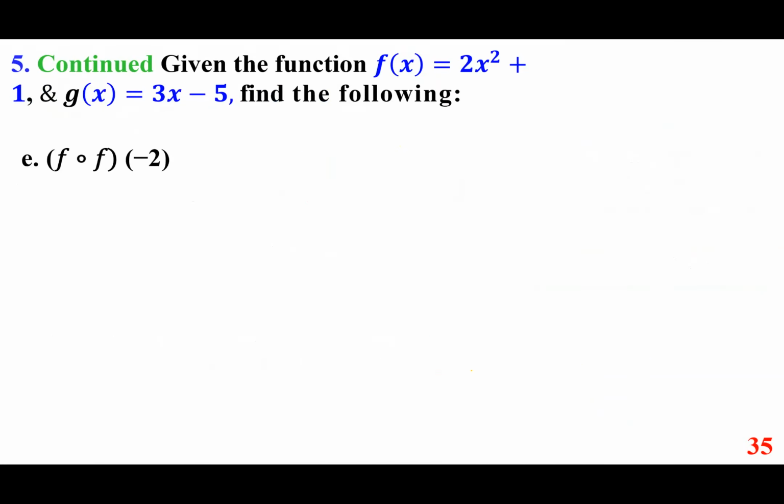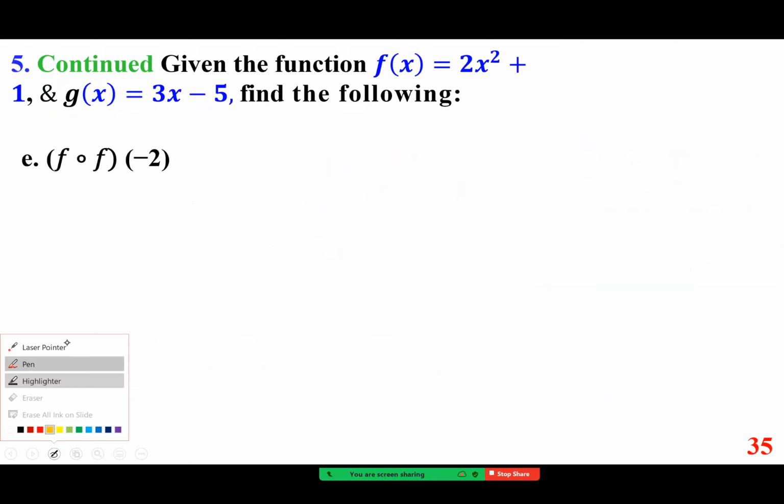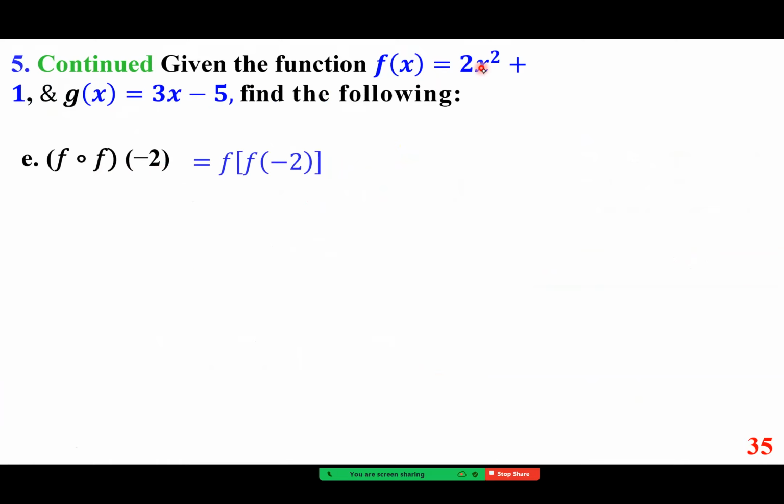F of negative 2 again means to find f of negative 2 first. So into this goes negative 2. Okay, so that's what we want. F of negative 2, 2 times negative 2 squared.